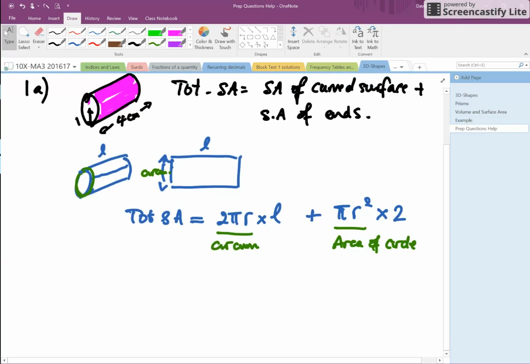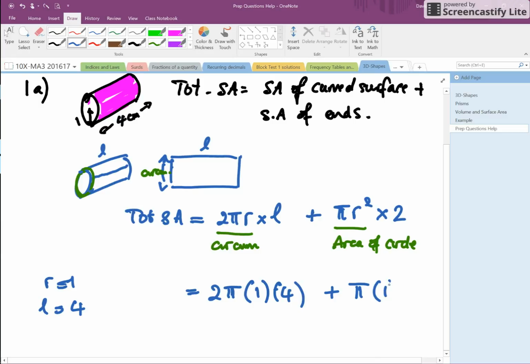Okay, so in this question, r is 1, and L is the length, which is 4. So our total surface area is 2 pi times r, which is 1, times L, which is 4, plus pi r squared, which is pi times 1 squared, times 2.